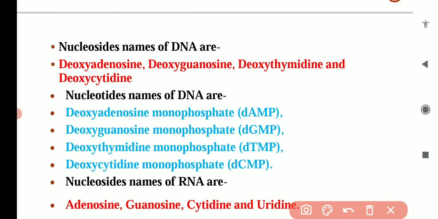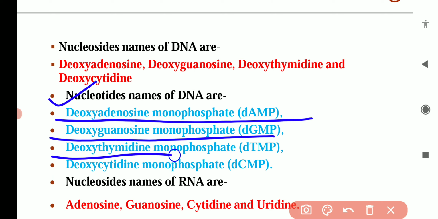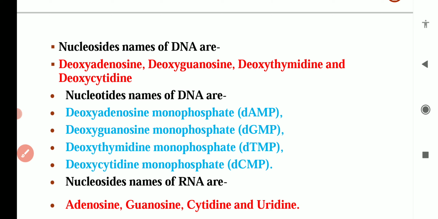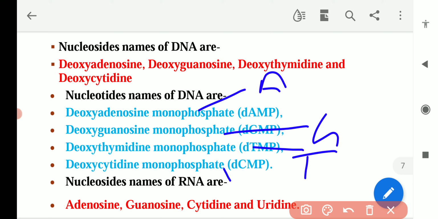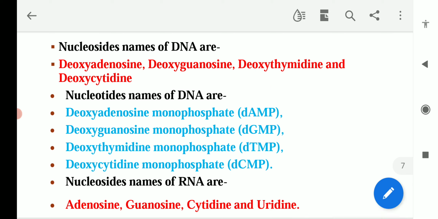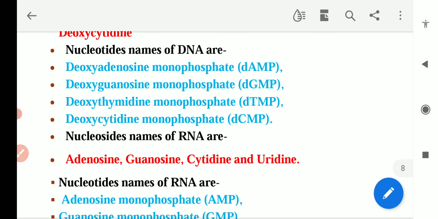Likewise, nucleotide names: deoxyadenosine monophosphate, deoxyguanosine monophosphate, deoxythymidine monophosphate and deoxycytidine monophosphate. Okay, this will be if adenine, guanine, thymine and cytosine are present. So different names are given to the nucleotides as well as to the nucleosides.